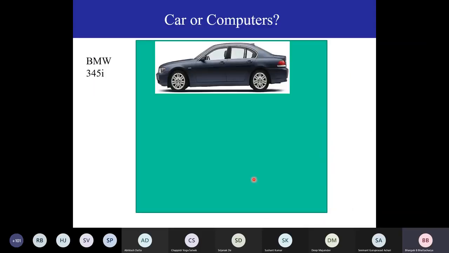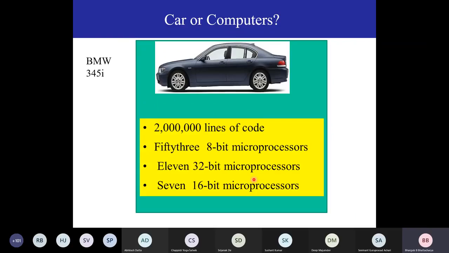For example, let us look at this BMW 345i car. There is a question whether this is a car or a computer. If you look down into the dashboard, you will see many interesting facts. When we drive this car, in the background you are running so many lines of code, and there are 53 8-bit microprocessors.